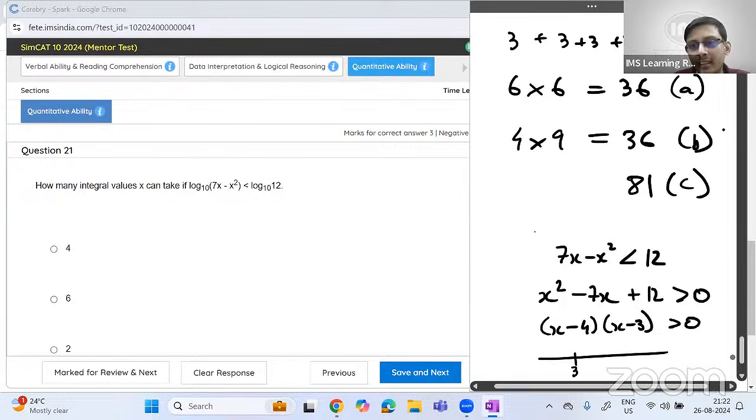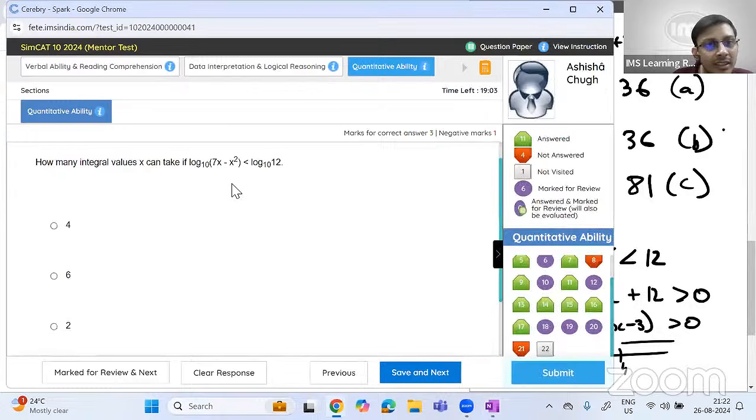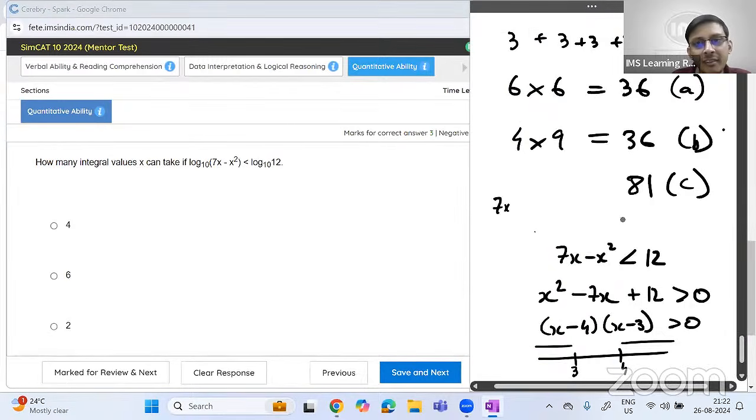So we'll get basically this range and this range. But we have to make sure that this 7x minus x square is not negative. 7x minus x square has to be positive. X square minus 7x negative, x into x minus 7 negative, 0 and 7 in between.